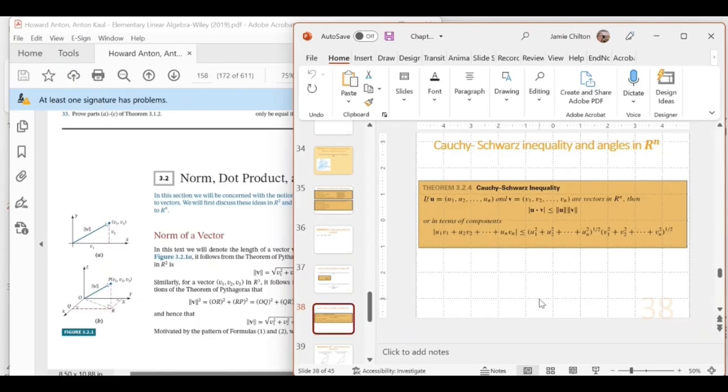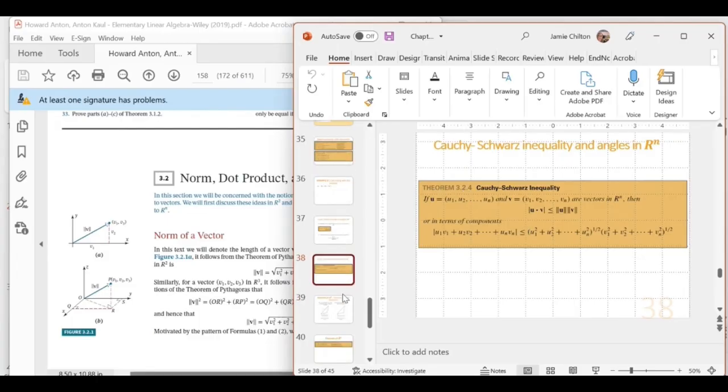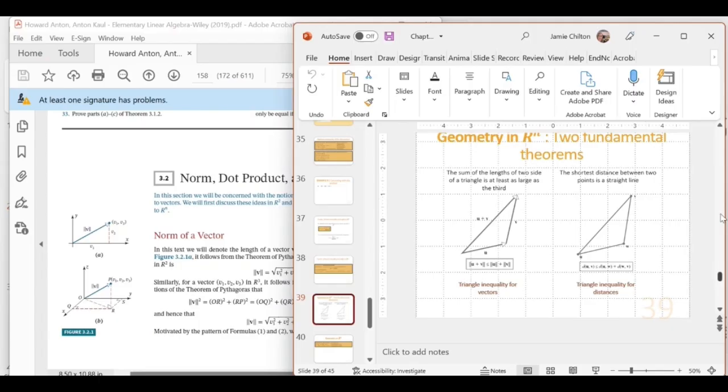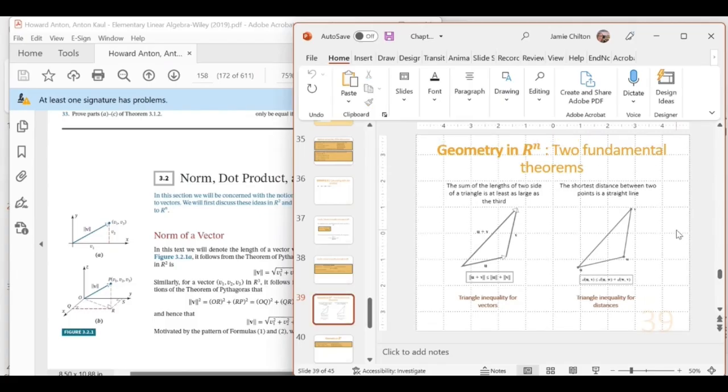Here is a little bit more about that theorem that we just showed. Then we have some other things in terms of two fundamental theorems. We've got the triangle inequality for vectors, and I think these are pretty intuitive.